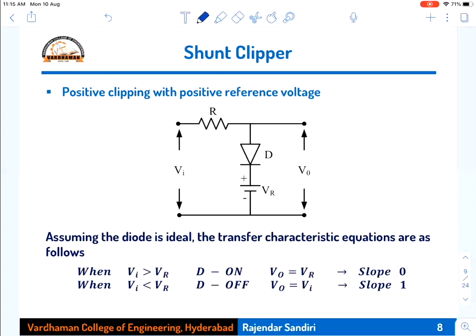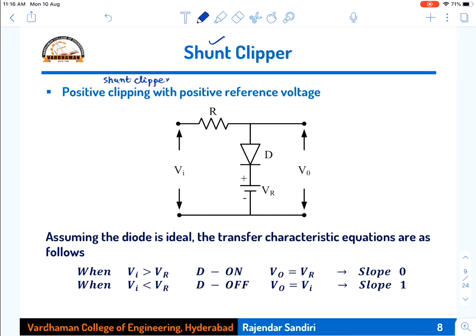It is a shunt clipper. A shunt clipper is one where the diode is connected between input and output. Is it not a shunt clipper? Yes, it is. So I will rename it here. The word shunt is not in the name; it is on top as the main heading, but you can write it as a shunt clipper.